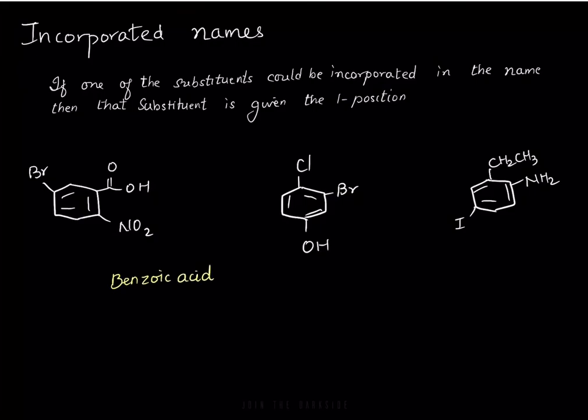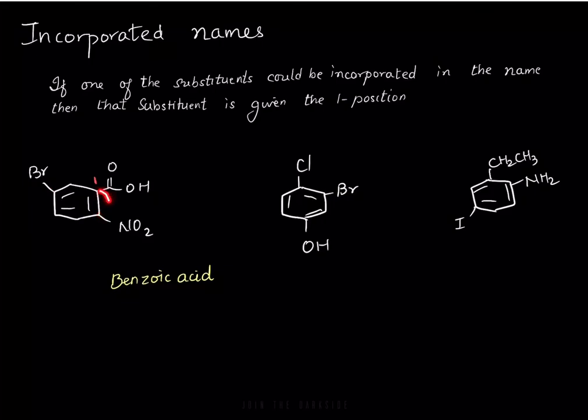Right? So that is obviously going to be number 1. The carbon of the carboxylic acid is going to be number 1, and you go and reach the second substituent with the lowest possible number. So in which way? You cannot go in this direction, because that will actually put the bromine in the 3rd position and the nitro in the 6th position.